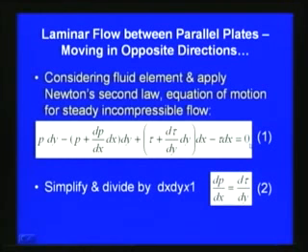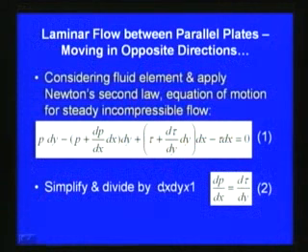So, the algebraic sum of the shear forces and the pressure forces is equated to 0. Now we can simplify this expression to get an expression for the velocity, as we did in the previous two cases of plane Poiseuille flow and Couette flow. If you simplify and divide by dx into dy, we finally get dp by dx is equal to d tau by dy.